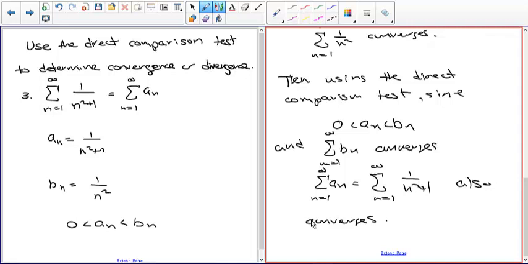And secondly is that it's always greater than the one that I was originally interested in. With those two things being satisfied, I can look at the convergence of this. And if this converges, then I know that this converges by the convergence criteria of the direct comparison test.